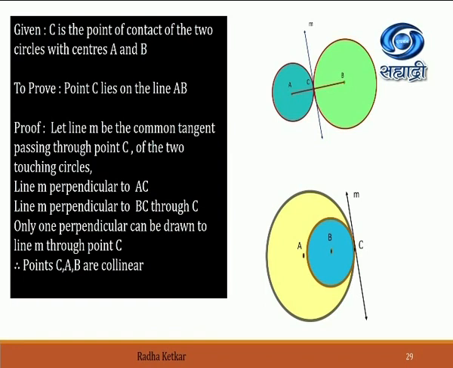Now line M is perpendicular to AC at point C, and also it is perpendicular to BC at point C. When we say these two statements, you can understand that we can have only one perpendicular drawn through this particular point C. So only one perpendicular can be drawn to line M through point C, because point C is fixed. So that's why we can say that the points A, C, B are collinear. That means they lie on the same line.